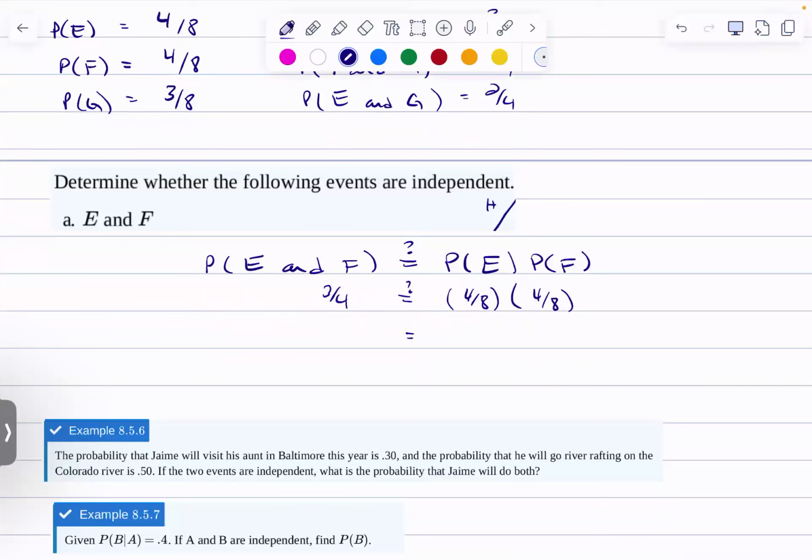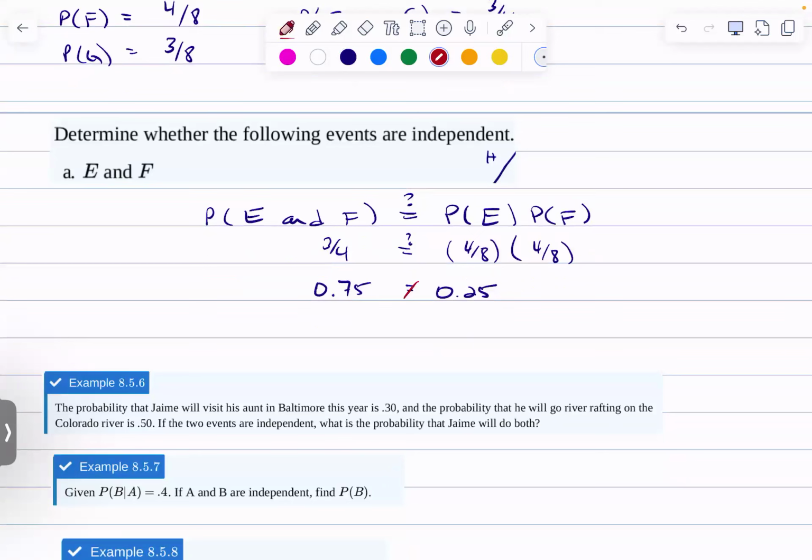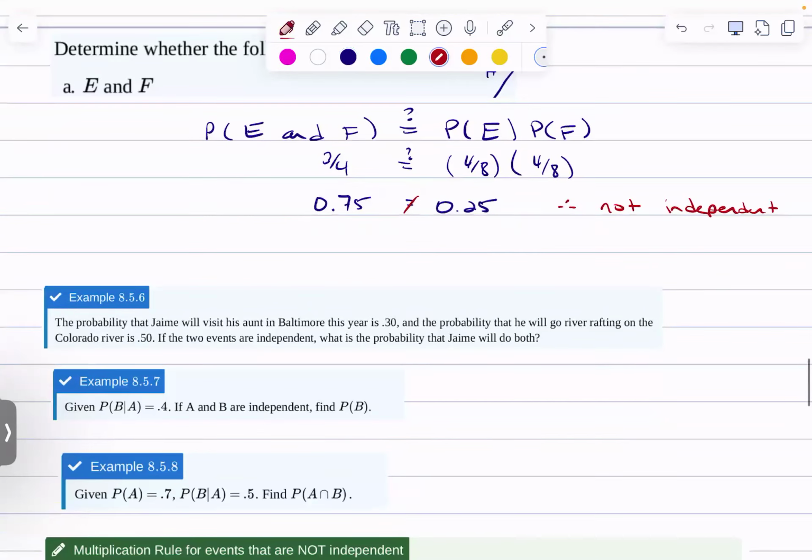It's not looking good. 0.25. Oops. It's usually 0.75. Since 0.75 is not equal to 0.25, they are not independent.